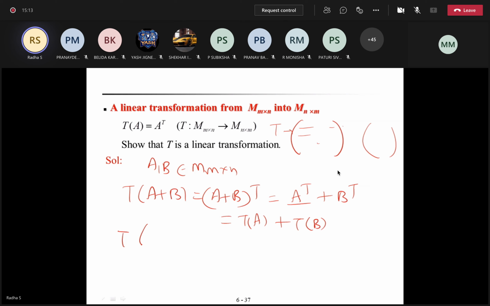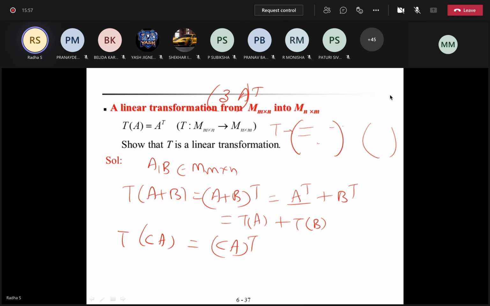Right? Similarly, T of C times A. A is a matrix, C is a constant. So it is CA the whole transpose, because C can be multiplied inside the matrix, each and every entry multiplied by C. So what is CA the whole transpose actually? C is a scalar. Suppose I have 3 into A the whole transpose.